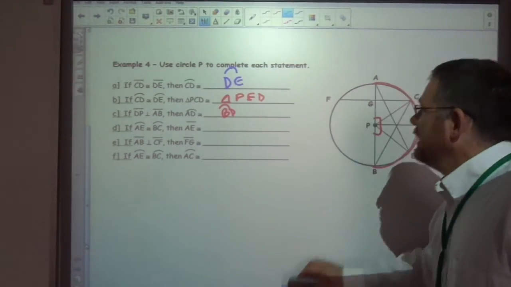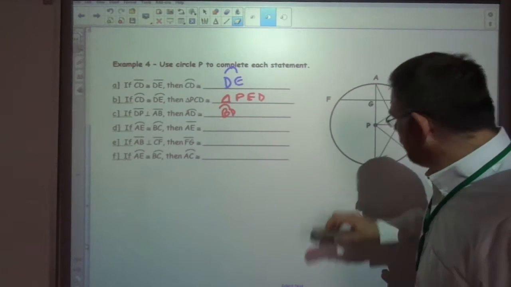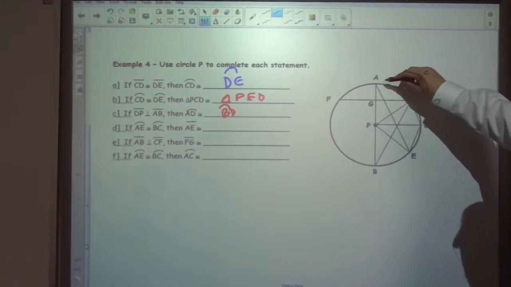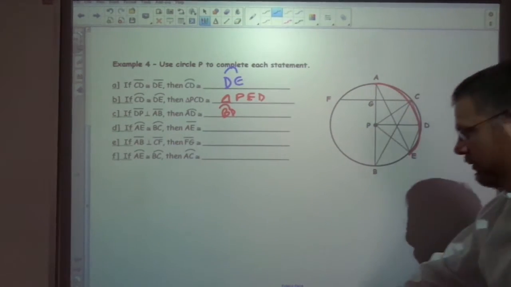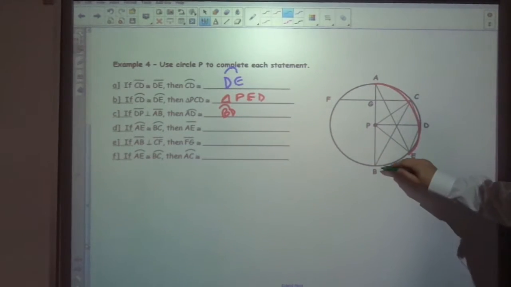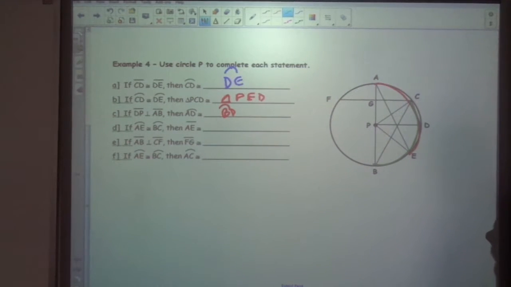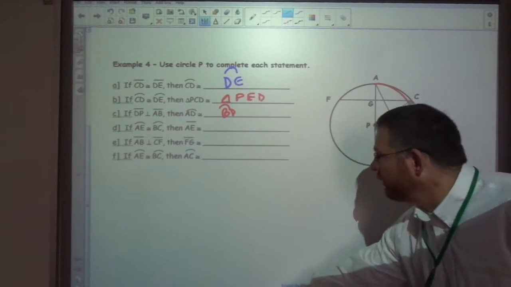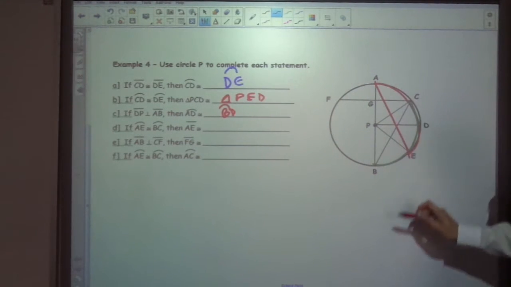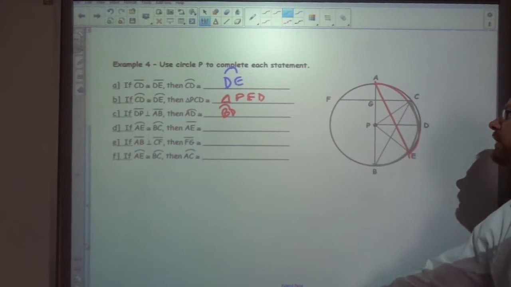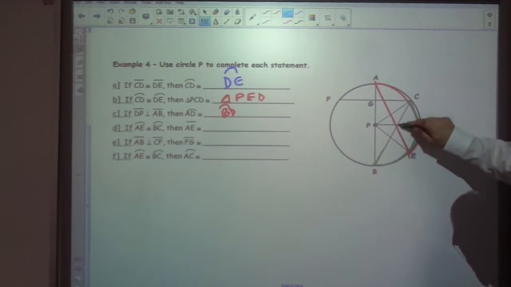The next one says if arc AE is equal to arc BC, then segment AE, this segment, has to equal which segment? And I would say right here, BC.